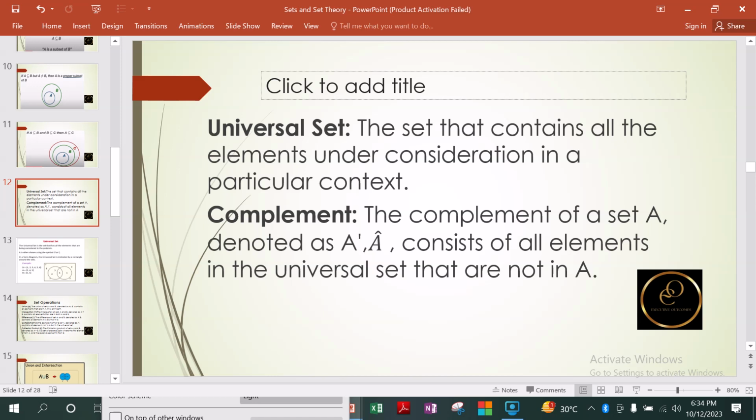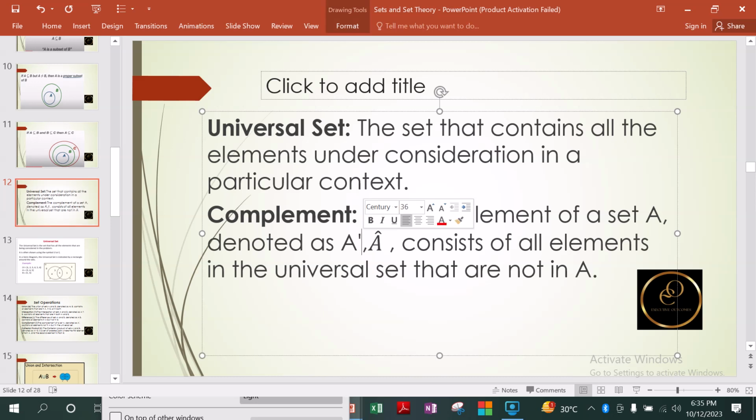We also have the term which is referred to as complement. So you can have a complement of a set, denoted by several symbols. Some of them which I've indicated here are S with an apostrophe like that, or A with a heart, or A with a bar on top.